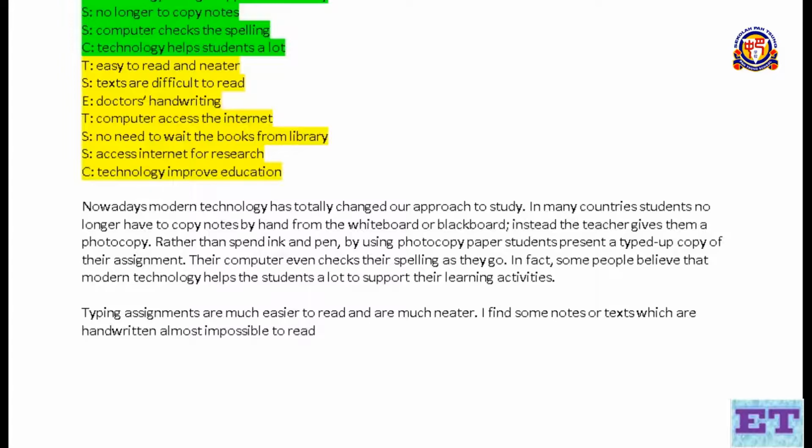Almost impossible to read. For example, or for instance, this is showing example.